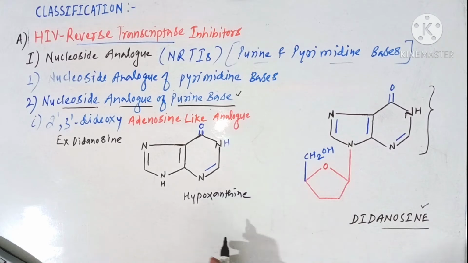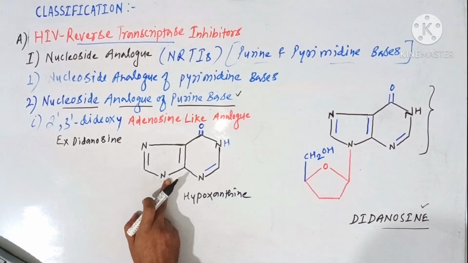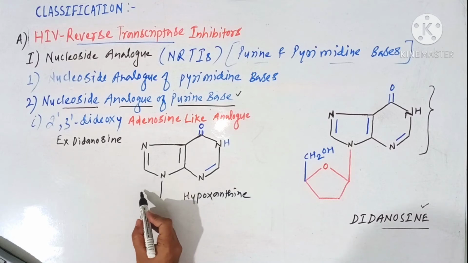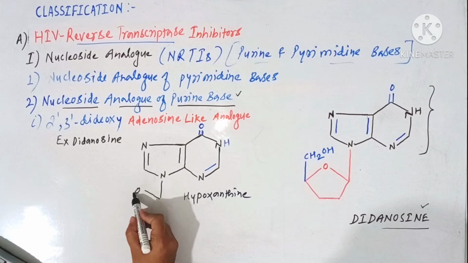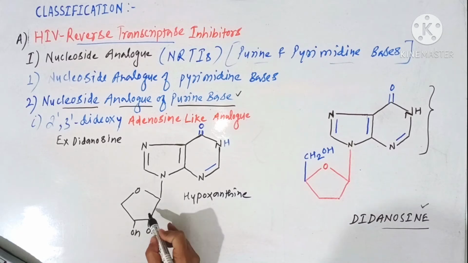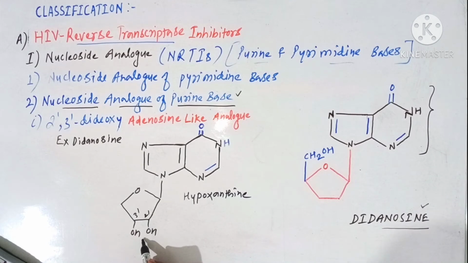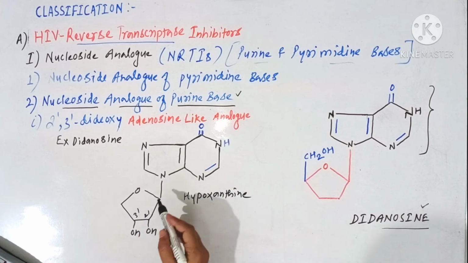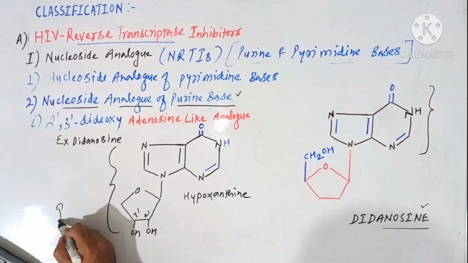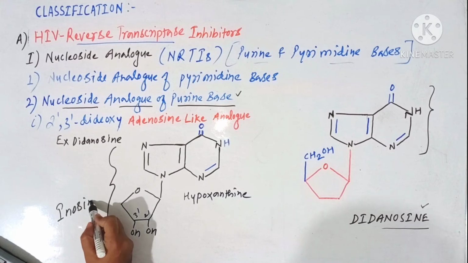The reason for this suffix is that if I conjugate this nitrogen with a pentose sugar which has a dihydroxy group at the 2' and 3' positions, then the whole structure so obtained is known by the name inosine.